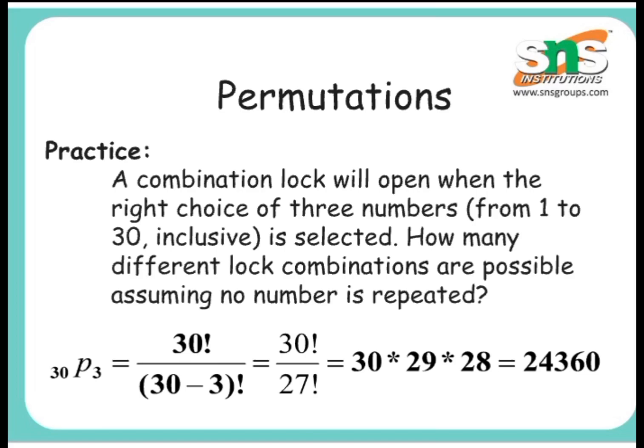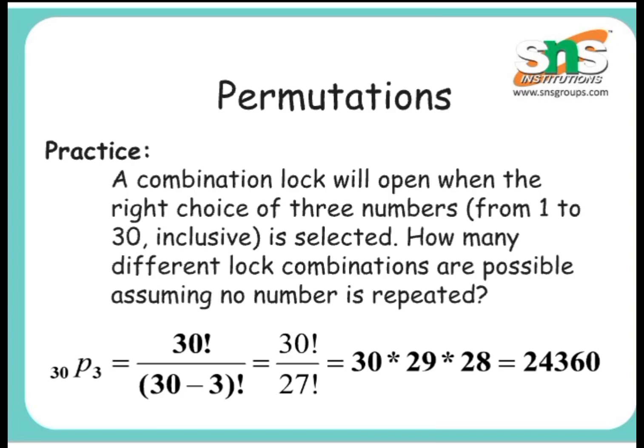Here no number is repeated, so we can write it as 30P3 and expand the formula: 30 factorial by 30 minus 3 factorial. Since no number is repeated, we can directly write r as 3. So 30 factorial by 27 factorial is equal to 30 into 29 into 28, that is equal to 24,360.